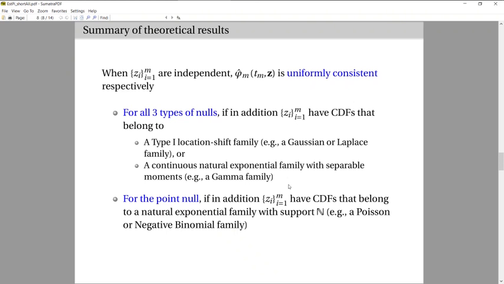It is also uniformly consistent for the case of point null if in addition z_i's have CDFs that belong to a natural exponential family with support N, such as a Poisson or negative binomial family.